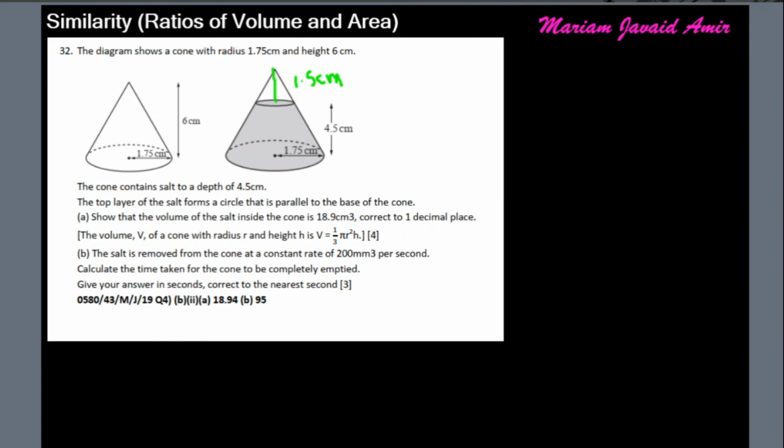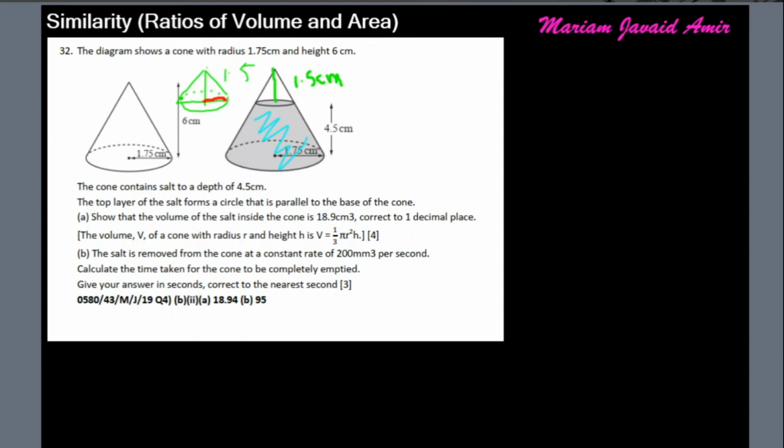So let me just draw this smaller cone over here. So this is 1.5 and we don't know the radius. It's a very weird looking cone. Now they're asking us to establish that the volume of the salt here is 18.9 centimeter cube.